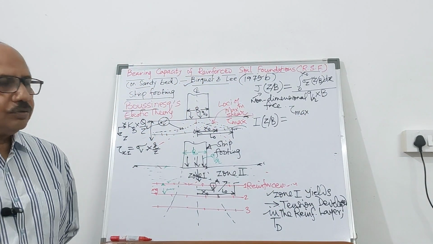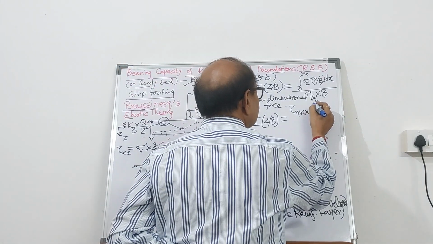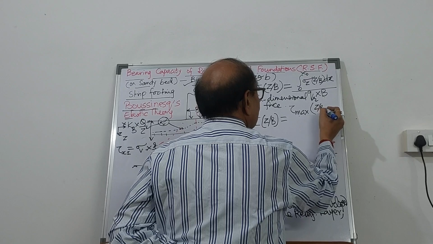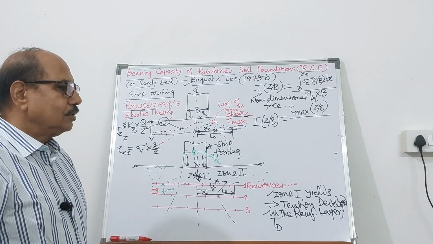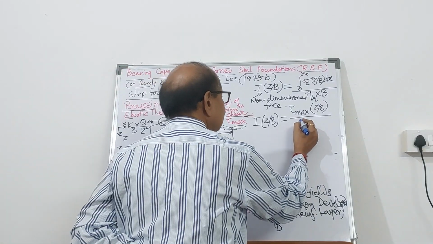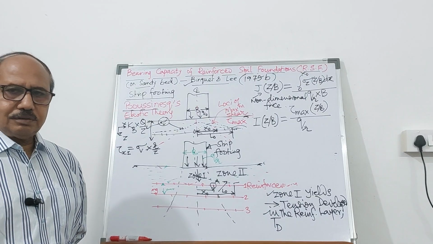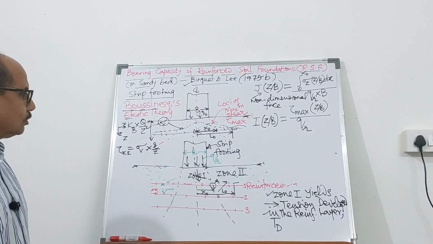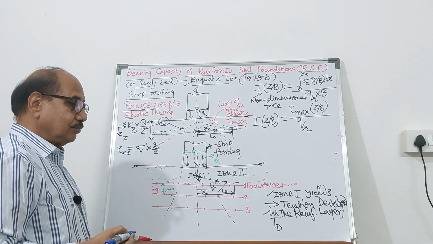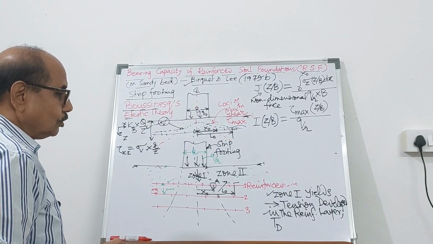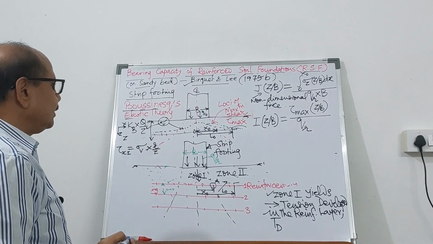Friends, tau max, you know, it is the maximum shear at this depth. So tau max divided by QR, this becomes a non-dimensional quantity. Having got this, friends, it's very simple to calculate now the value of TD.